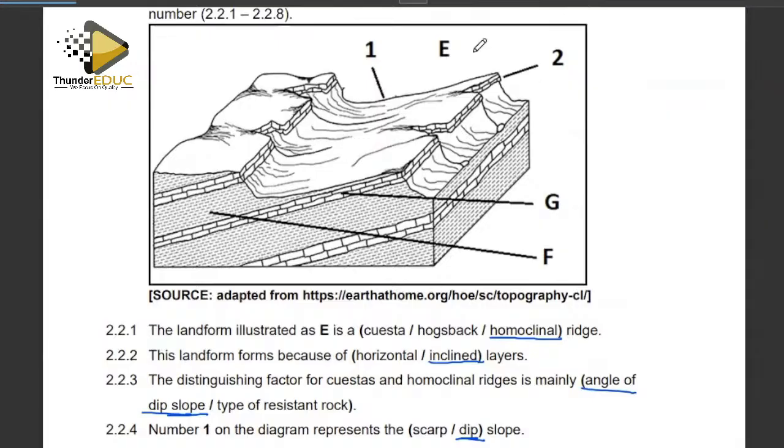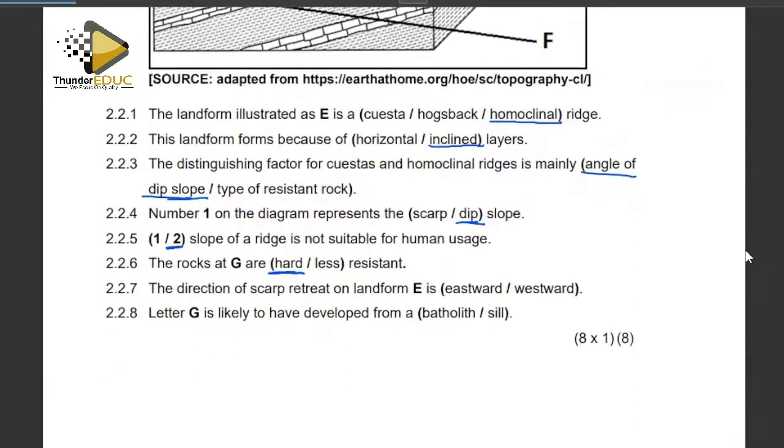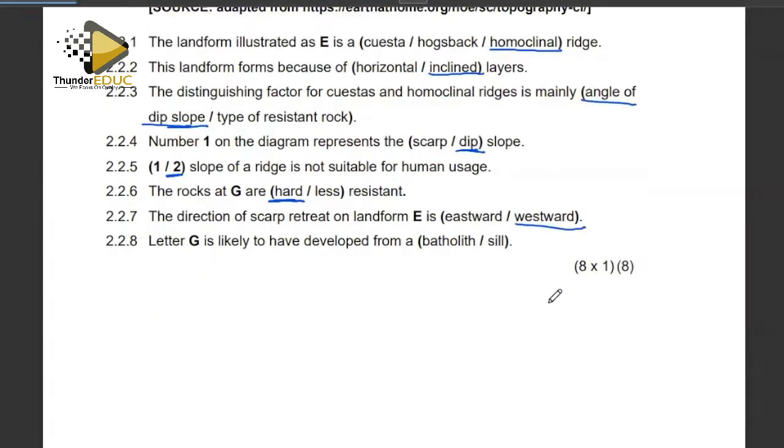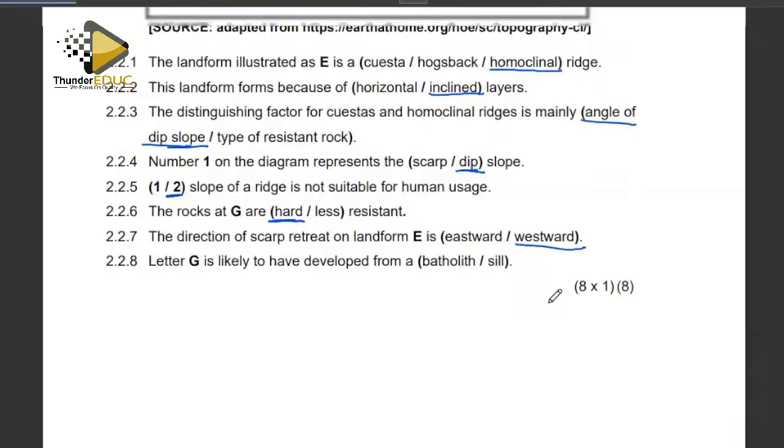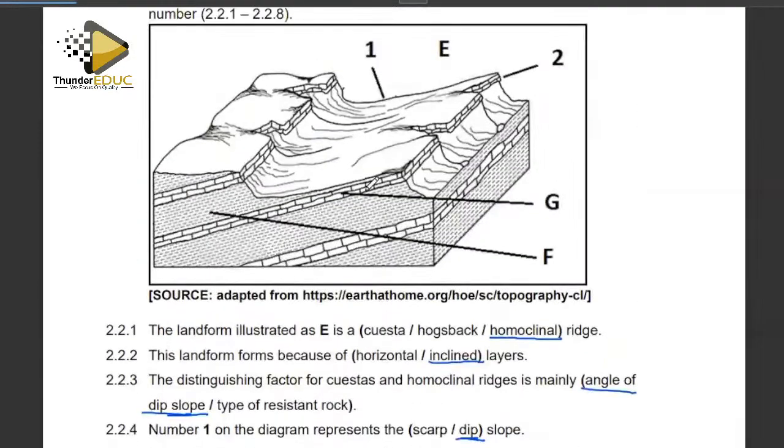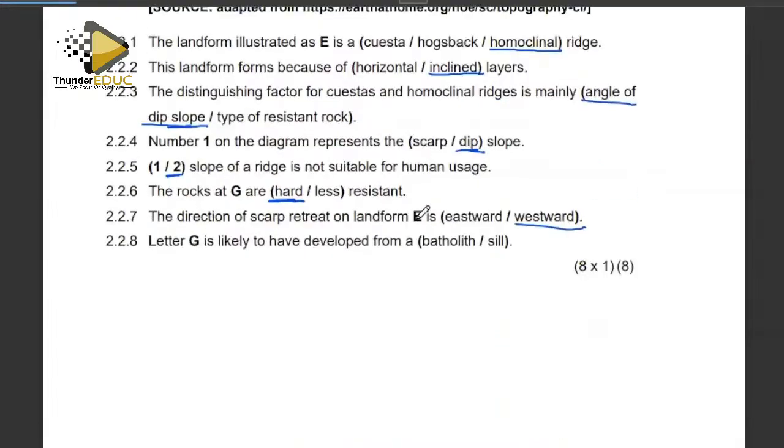Does it go this direction or this direction? It goes to the west. Scarp retreat goes westwards. Right, moving on. Letter G is likely to have developed from a, right, letter G, we are seeing that this is a thin layer of hardened resistant rock. It's most likely to be a sill.